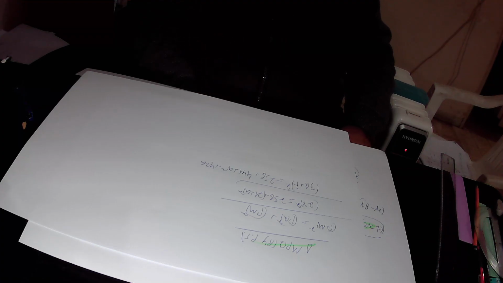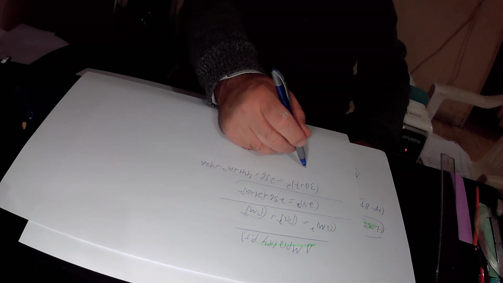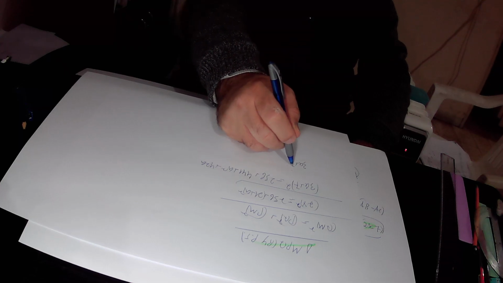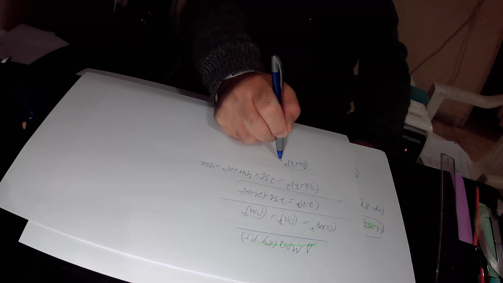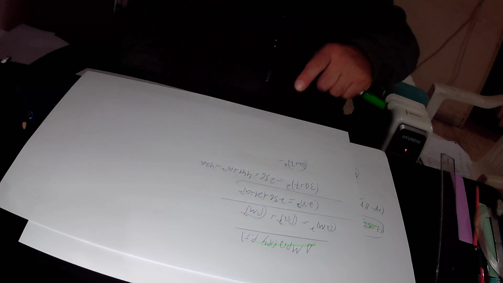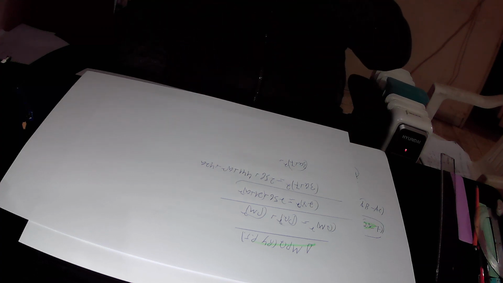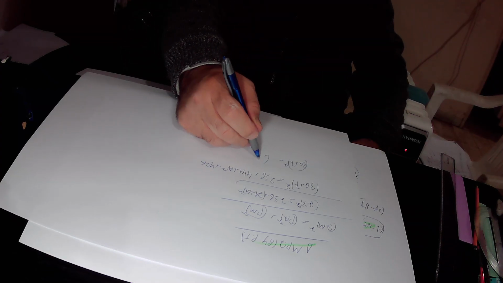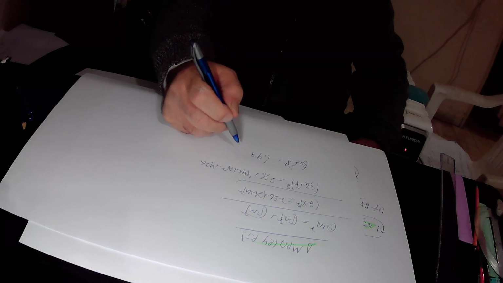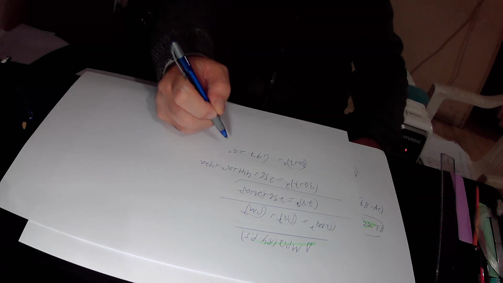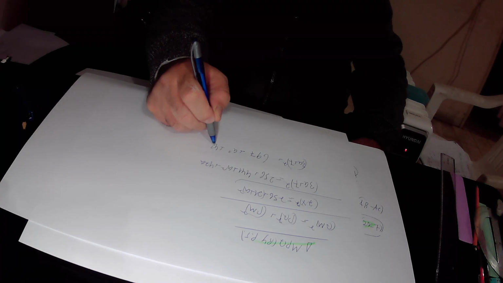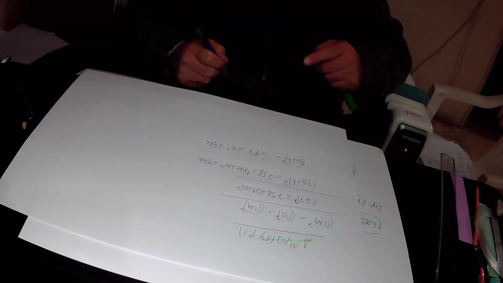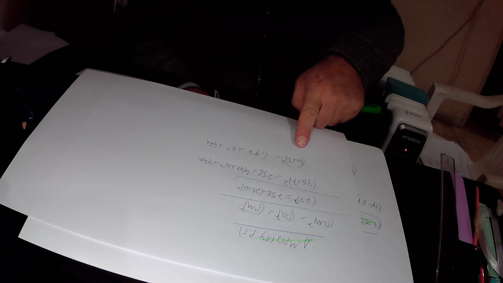So we found out that 3a plus 7 squared equals 256 plus 441, which is 697, plus a squared plus 42a. So here we open the brackets on this side of the equation.